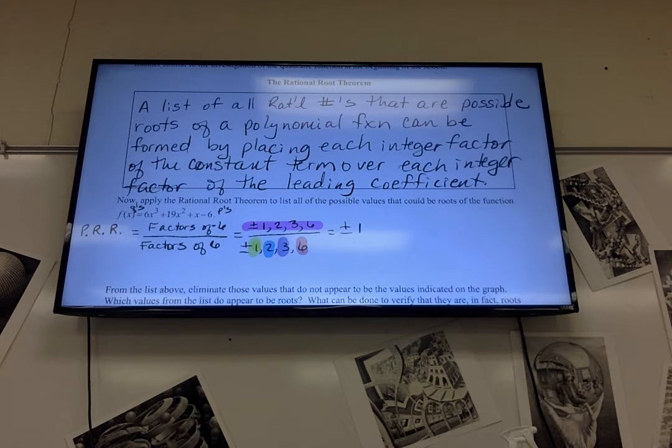So that's 1. Plus or minus 1 over 2. Plus or minus 1 over 3. Plus or minus 1 over 6.